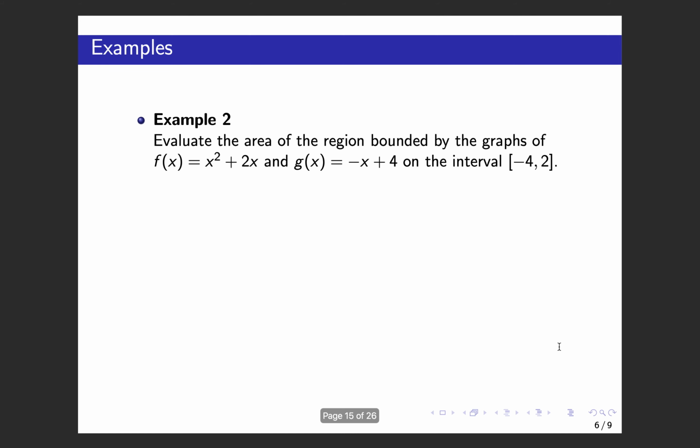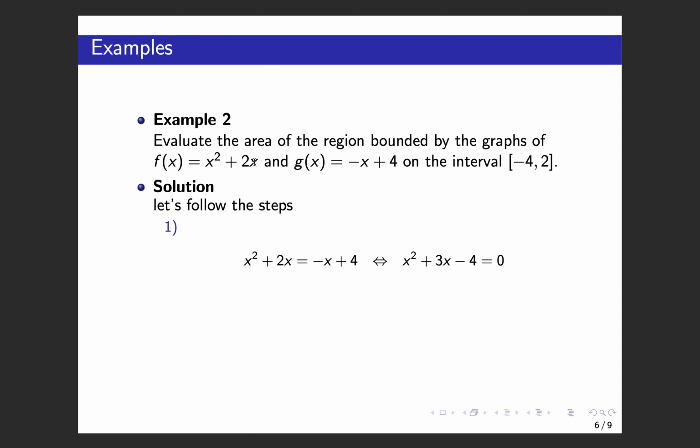In example 2, we take f of x to be x squared plus 2x, and g of x to be minus x plus 4 on the interval [minus 4, 2]. So the first step is to solve the equation f of x equals g of x, which is equivalent to x squared plus 3x minus 4 equals 0.